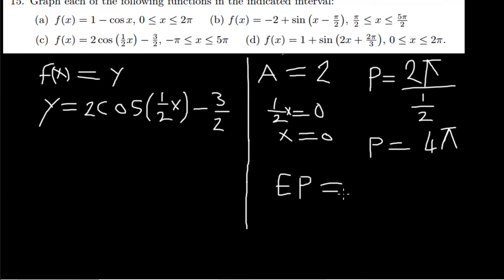The end point is just the period plus the value of x that you found. So the end point will be 4 pi plus x.